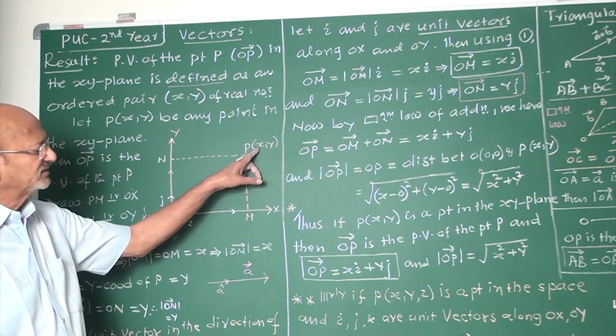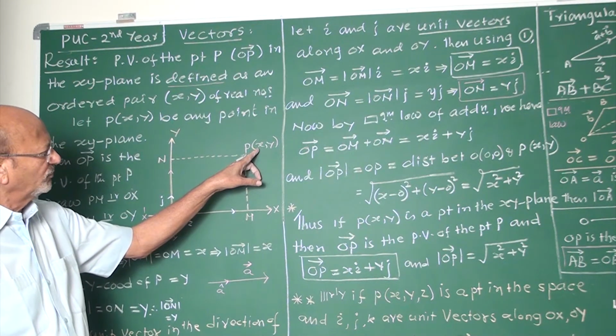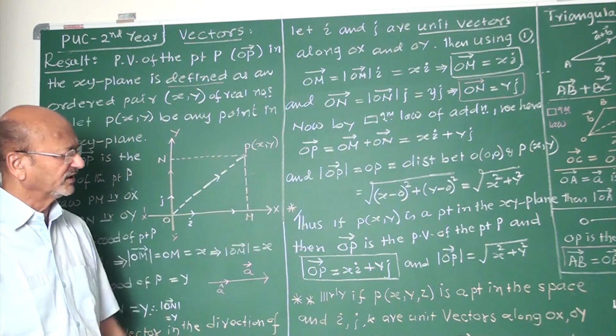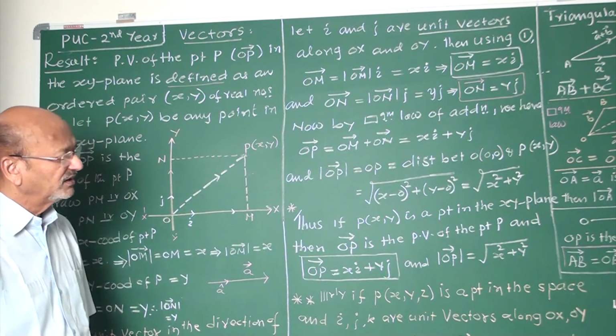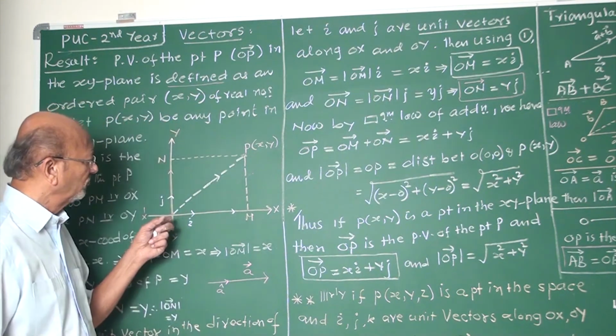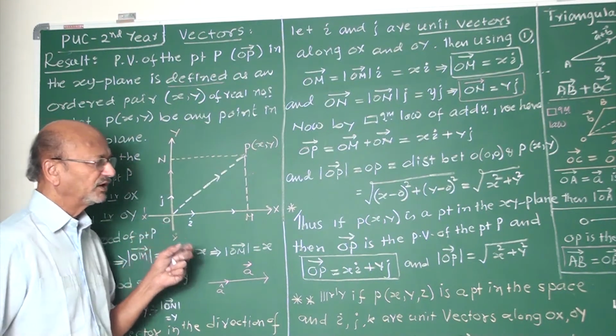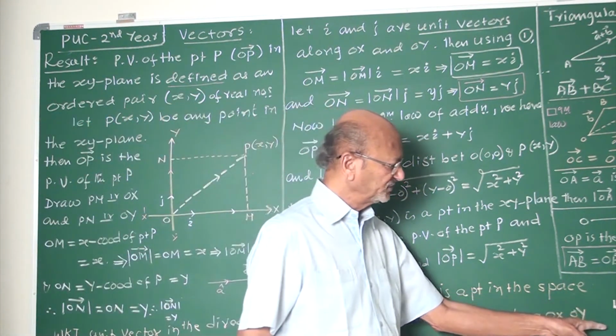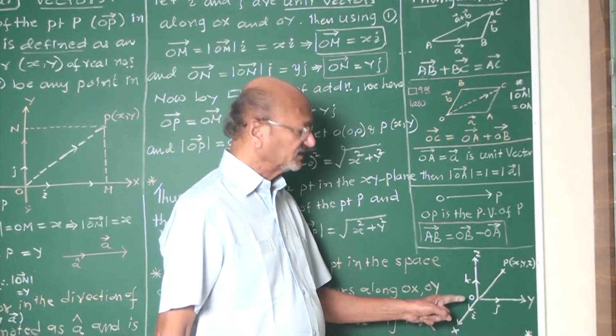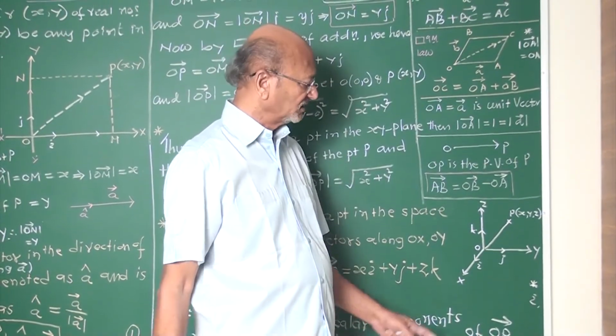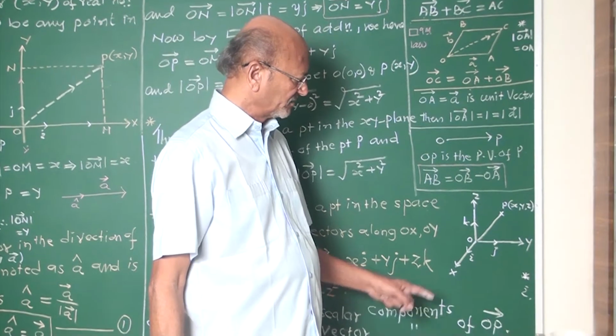What are they? The square root of square of x coordinate plus square of y coordinate. That is the magnitude. Similarly, my friends, now we will jump from this xy plane to space. This is the space. It is 3-dimensional. It is 2-dimensional, it is 3-dimensional.